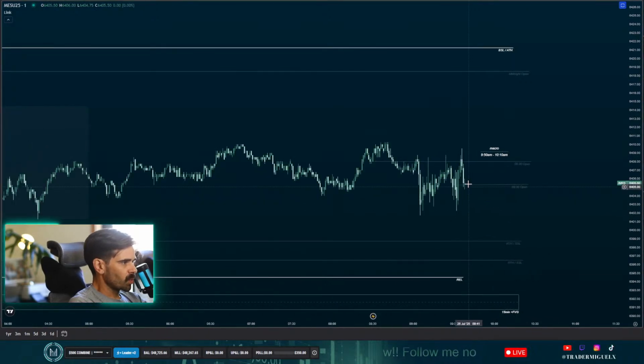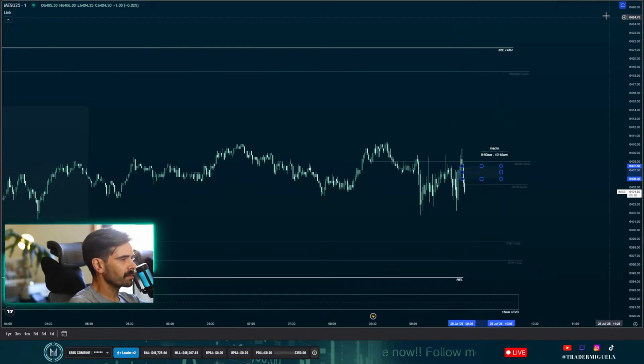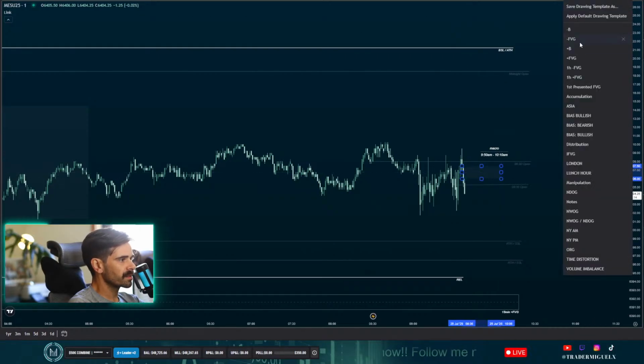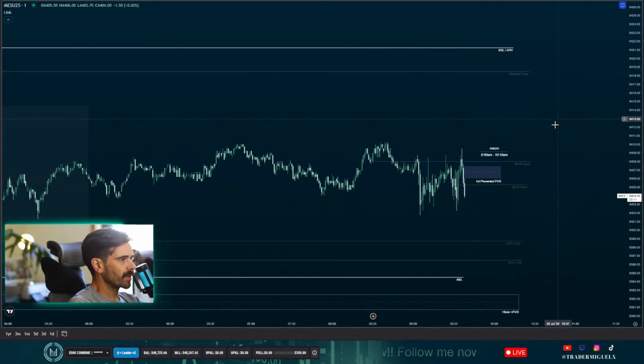At this point, we have the first presented fair value gap here. We'll stretch it a bit higher here just to embrace the volume imbalance. There we go.